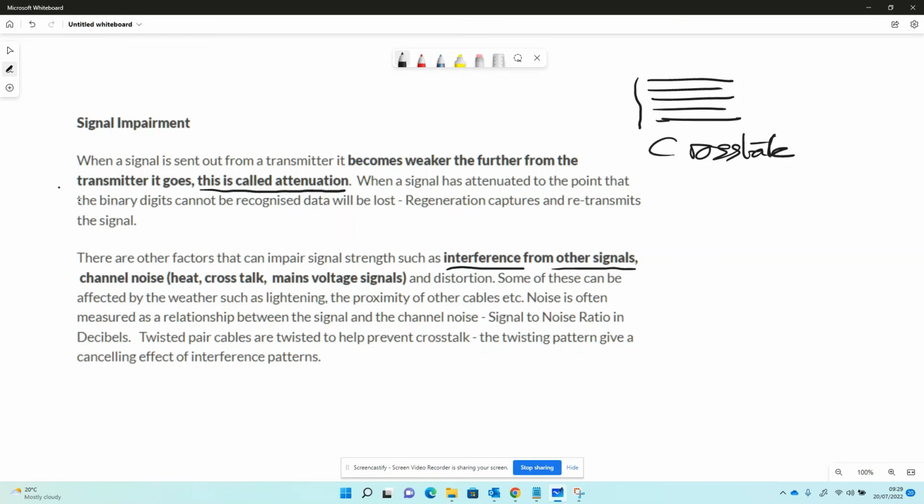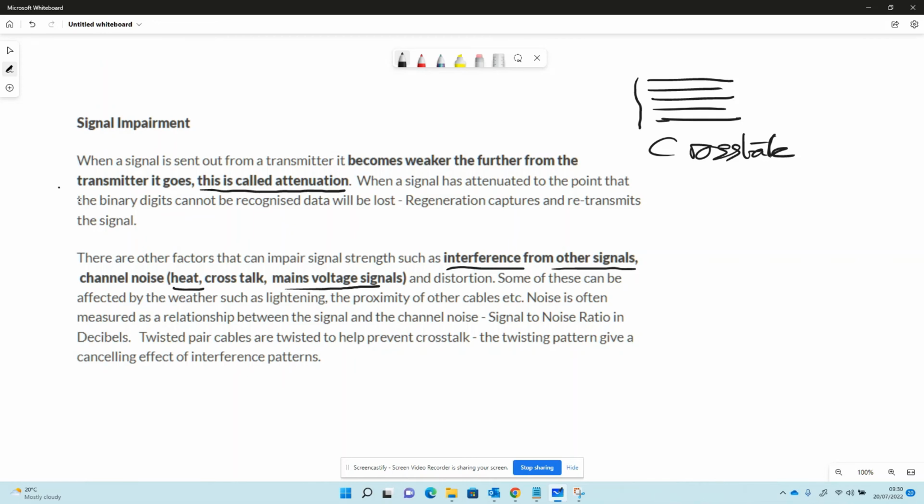So you can also get other things. There's channel noise that can be created by heat, mains voltage signals. If you've got a mains cable close to your cable, you can get interference from that. And if you've ever set up a PA system, you'll know that it's not a good thing to have your mains cable right next to your program cables, because you often get this mains voltage 50 hertz noise.